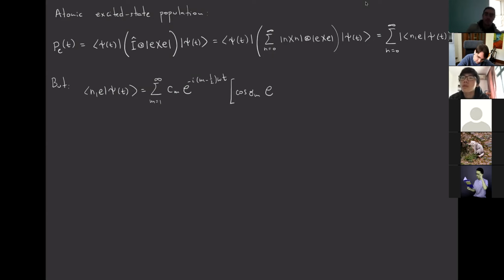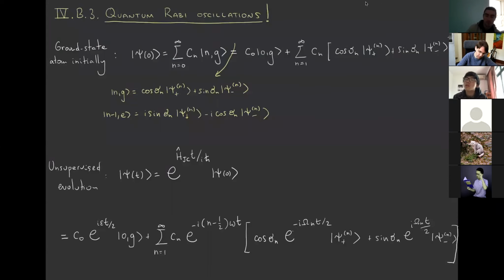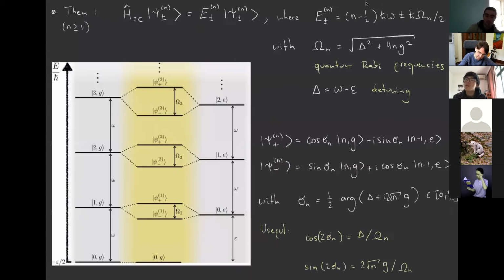First, we have the projection of the psi plus state onto n,e, and then we have the projection of the psi minus state onto n,e. And these projections we know as well. That's why I wrote the connections between the states.